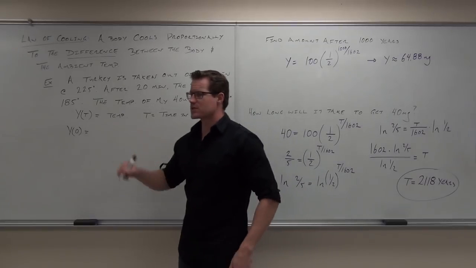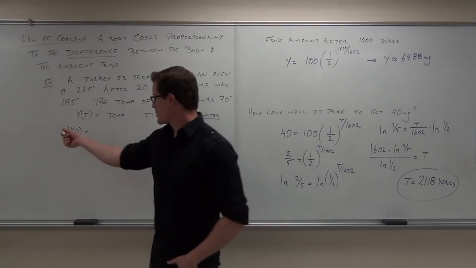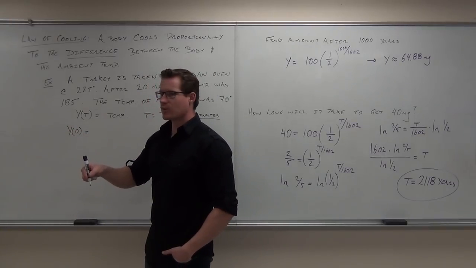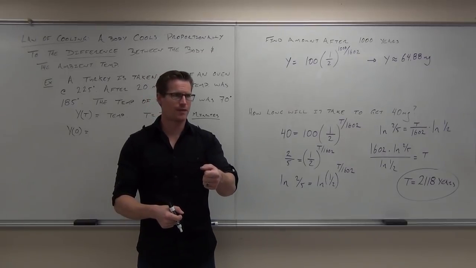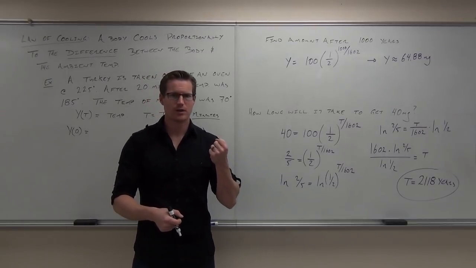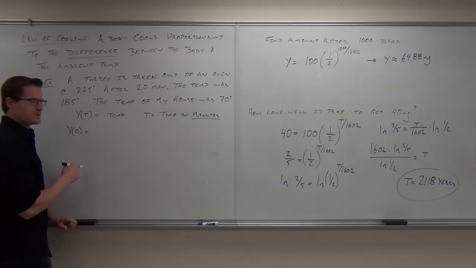What does y of 0 actually mean? When you first took it out of the oven? Good, so it's going to be the temperature when I first took it out. Not when I start cooking it, but right when I open the oven door, because it's going to start cooling at that moment. So y of 0 means the temperature right when I remove it. How much is that? 225. Perfect.